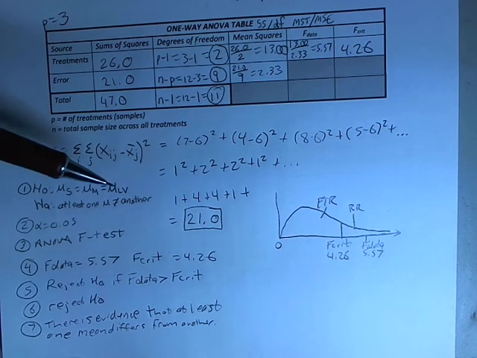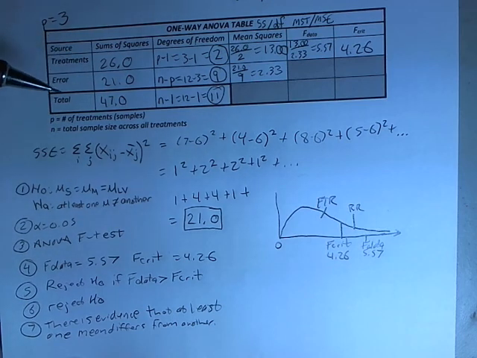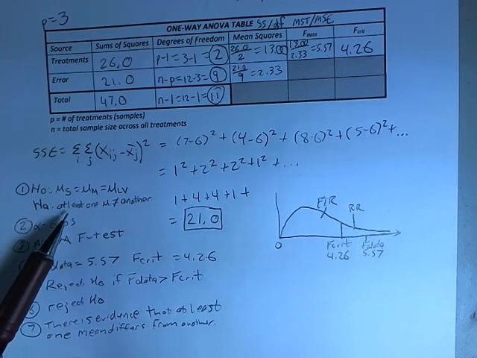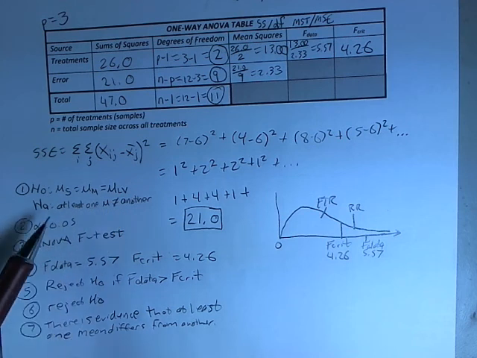And that now concludes the primary portion of this ANOVA test. The finding is that there is sufficient evidence to support the hypothesis that at least one mean differs from another at a 5% alpha, and therefore that's our finding.